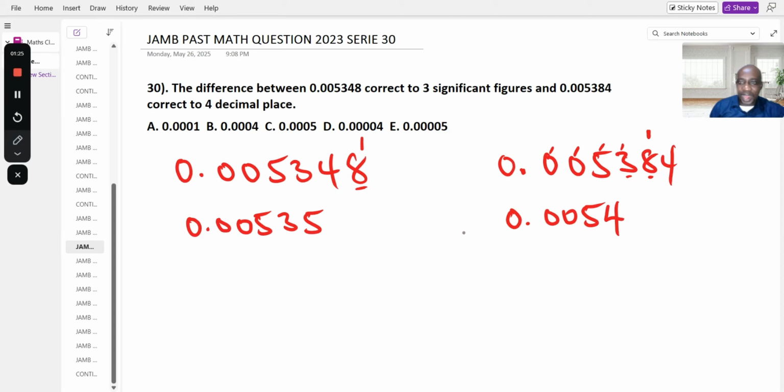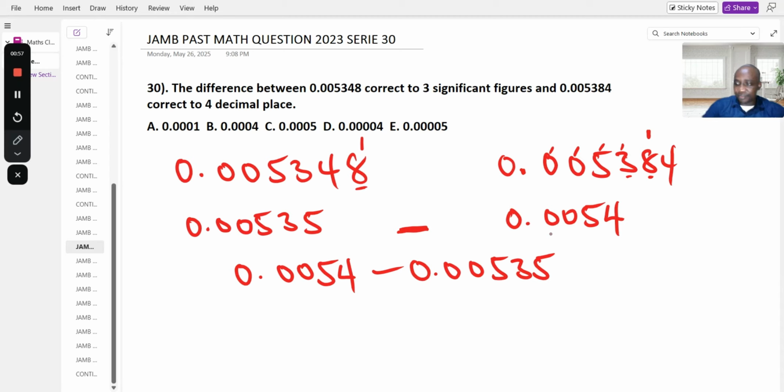The difference between this one and this one. Let's use the calculator to subtract it. The higher one will be 0.0054, because if you look at this one, 0.00535. Therefore, what you first press is 0.0054, which is more than 0.00535, because this one is 540 while this one is 535.